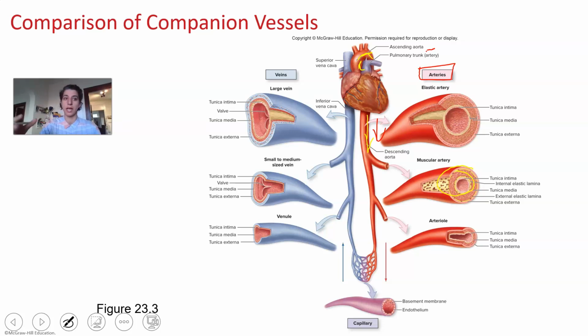Those are the ones carrying blood supply eventually to arterioles and capillary beds. So those are smaller, on the order of millimeters. The elastic arteries have a diameter of a few centimeters, like 1 to 3 centimeters.